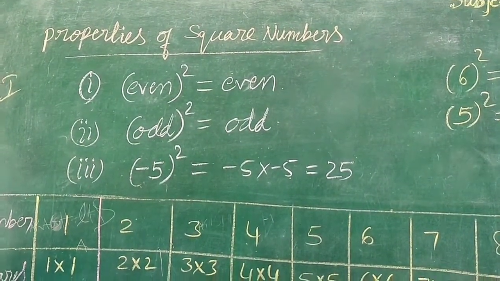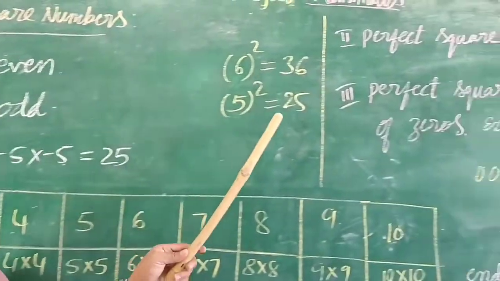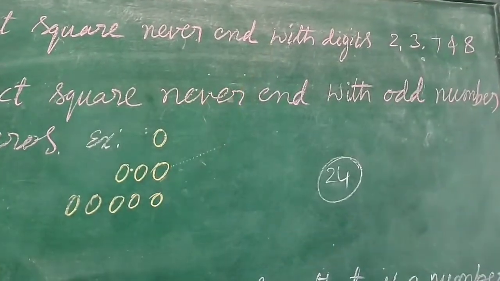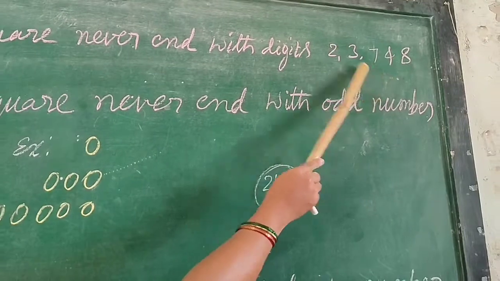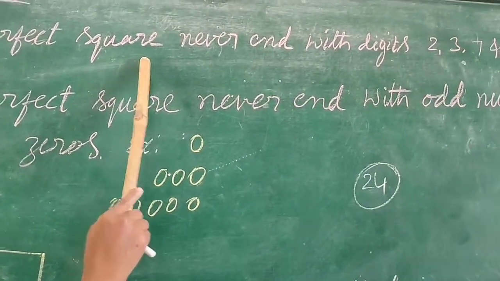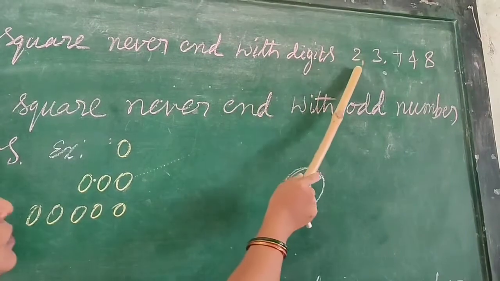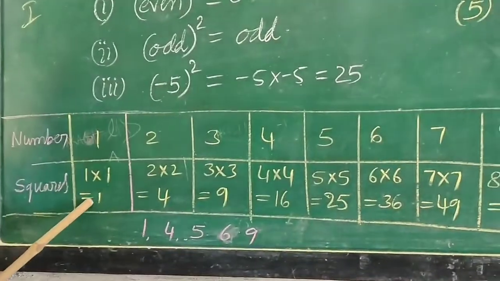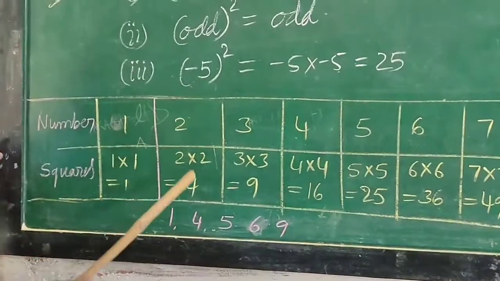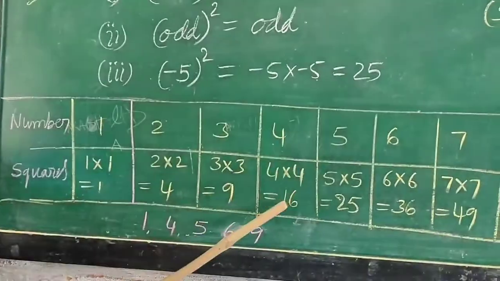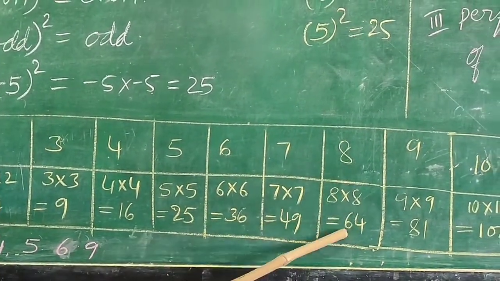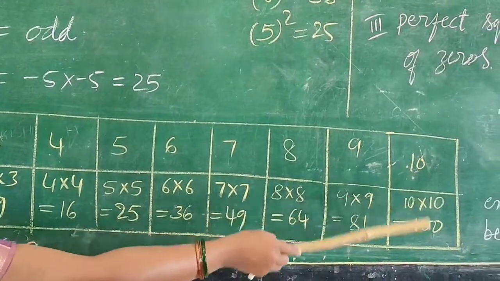Now going to the second property. What is that second property? A perfect square never ends with the digits 2, 3, 7 and 8. Students, now coming to this table, look at this table. Here the square of 1 is 1, 2 is 4, 3 is 9, 4 is 16, 5 is 25, 6 is 36, 7 is 49, 8 is 64, 9 is 81 and 10 is 100.